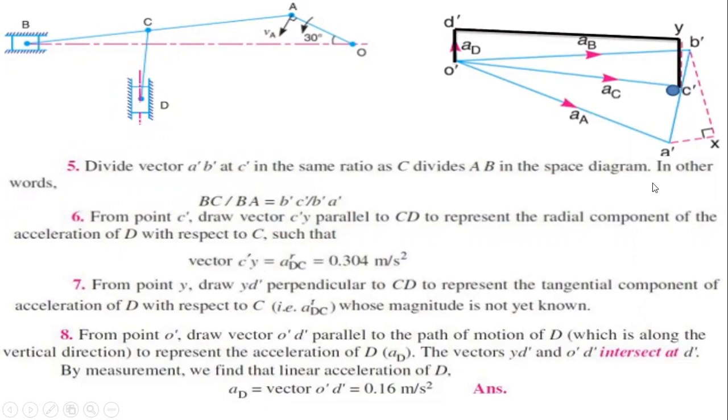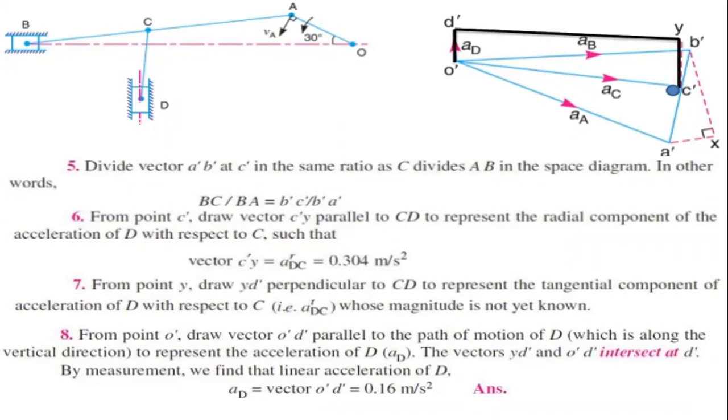Taking it, 0.304 meters per second square, we get the value.